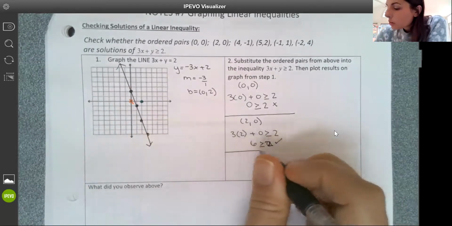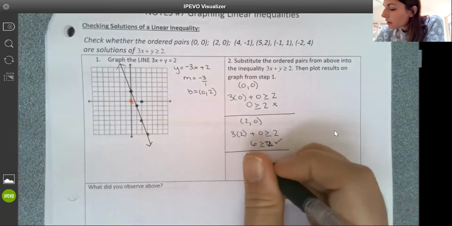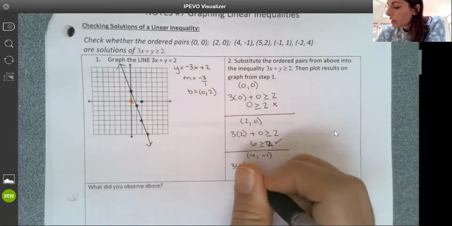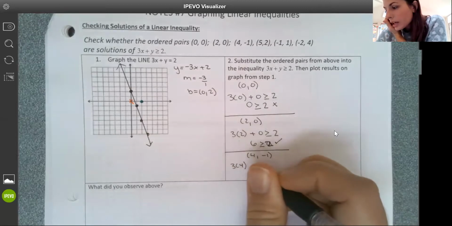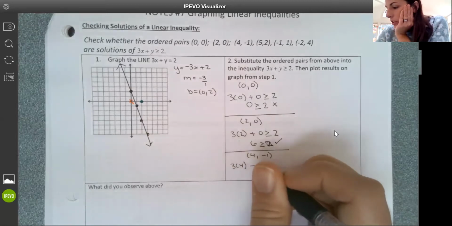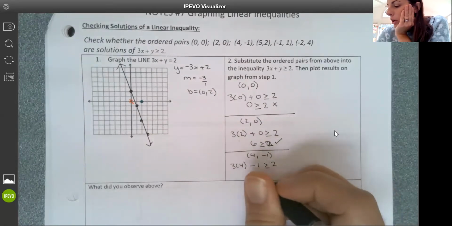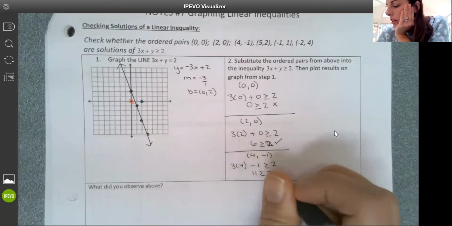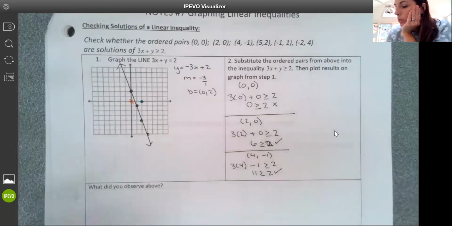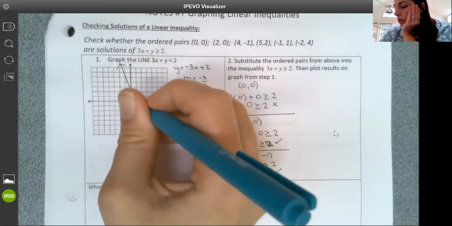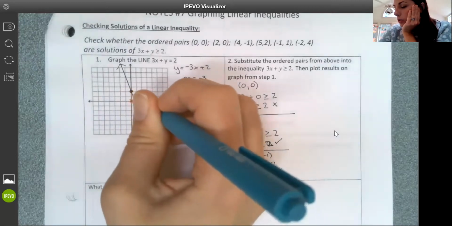We're going to look at another point. Let's look at 4, -1. I'm going to plug in 4 for x and -1 for y, which gives me 12 subtract 1, or 11. 11 is greater than or equal to 2. That works. So I'm going to, in blue, plot 4, -1.